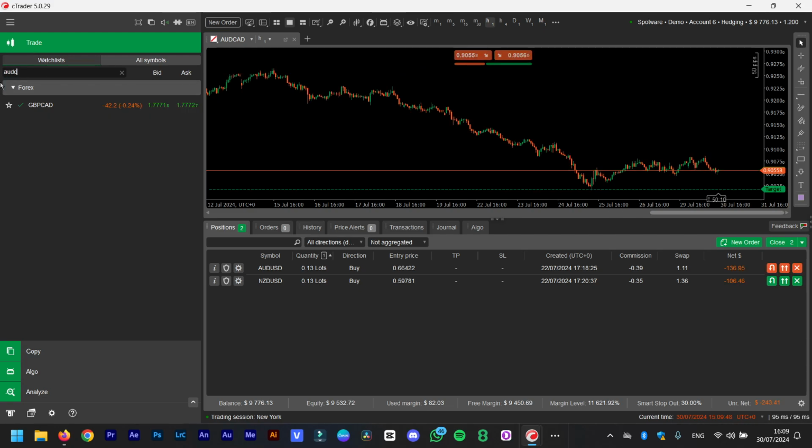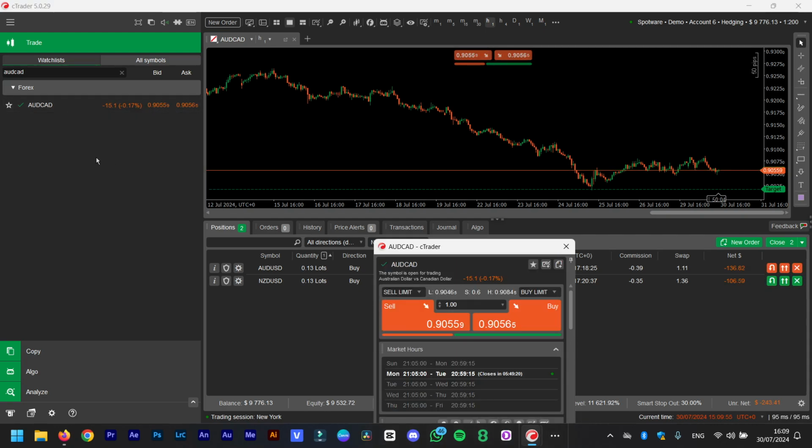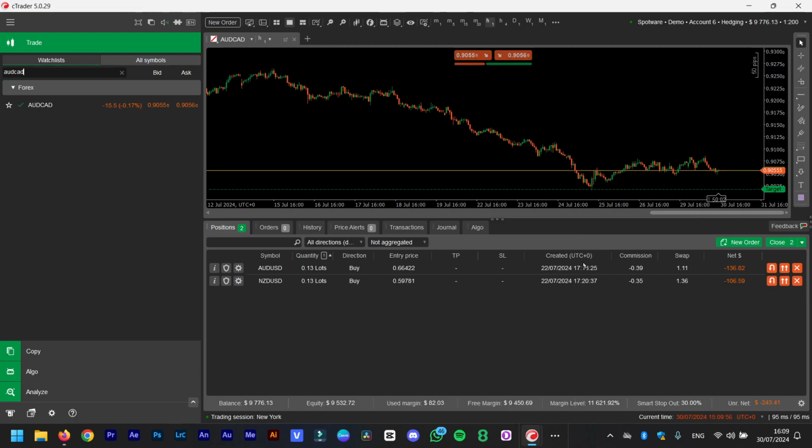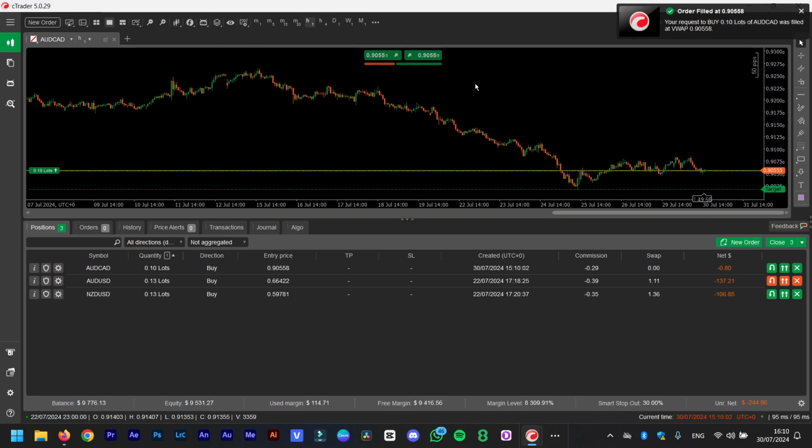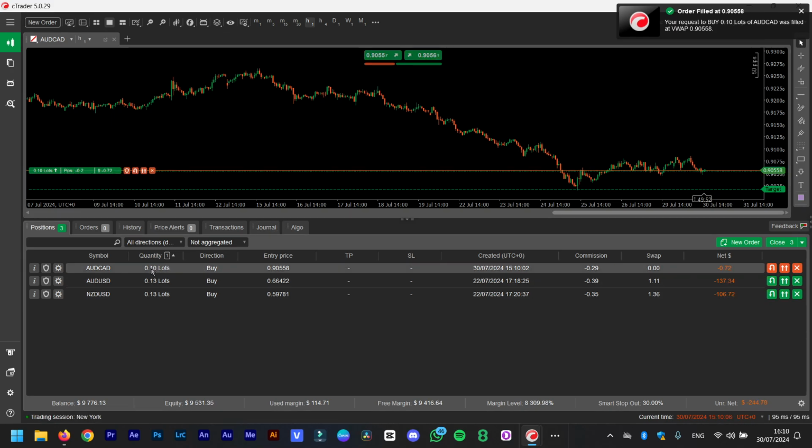Look at that. Okay. So we're gonna buy 0.10. So AUD CAD, as you can see, the lot size 0.10. So I am trying to decrease. Like I said, I'm decreasing or increasing the proportional lot size to make sure I am safer.